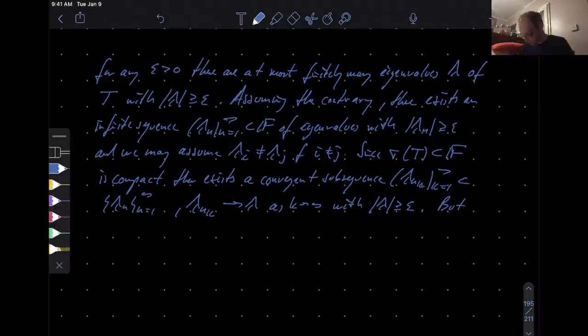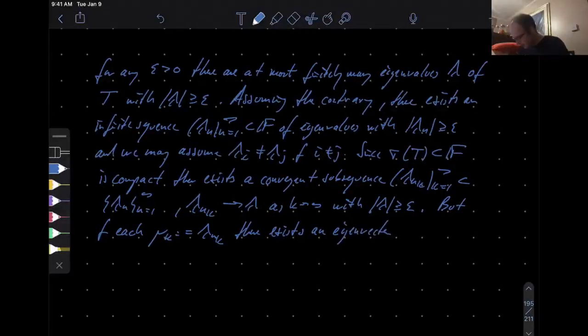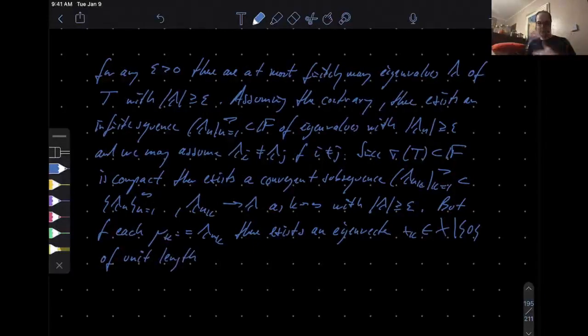Now let's abbreviate the notation a little bit. So mu k is lambda nk, so that I don't have to run around with these two indices all the time. Because these are eigenvalues, there exists an eigenvector xk, non-zero by definition, of unit length. This I can achieve without loss of generality. These eigenvectors are always non-zero, so you can divide out their norm and you're good.